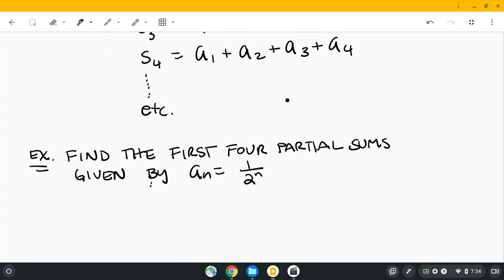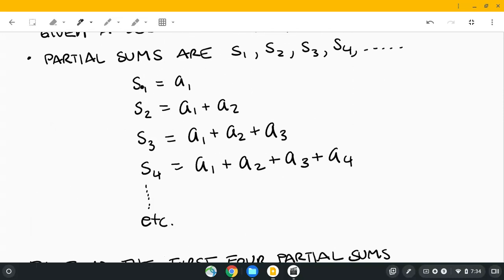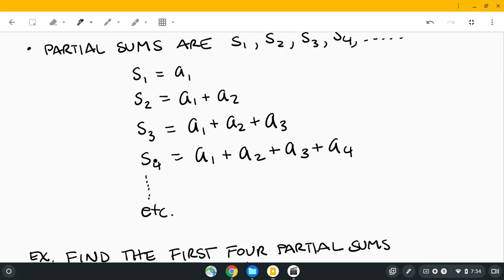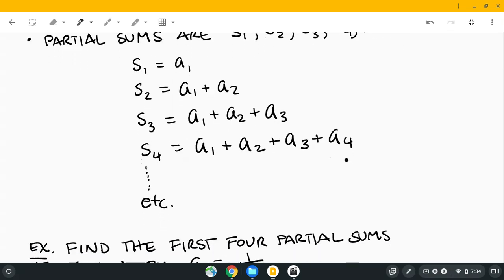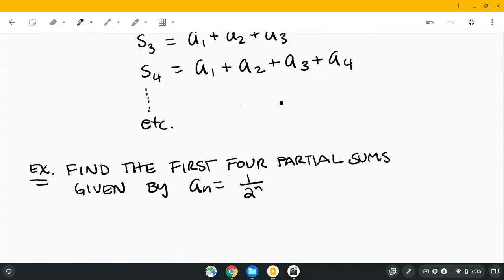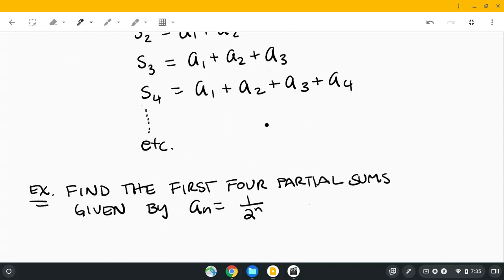Okay, so what they're asking you to find is S1, S2, the sum of the first two terms, S3, the sum of the first three terms, and S4, the sum of the first four terms. Okay, so you're going to be finding four sums.